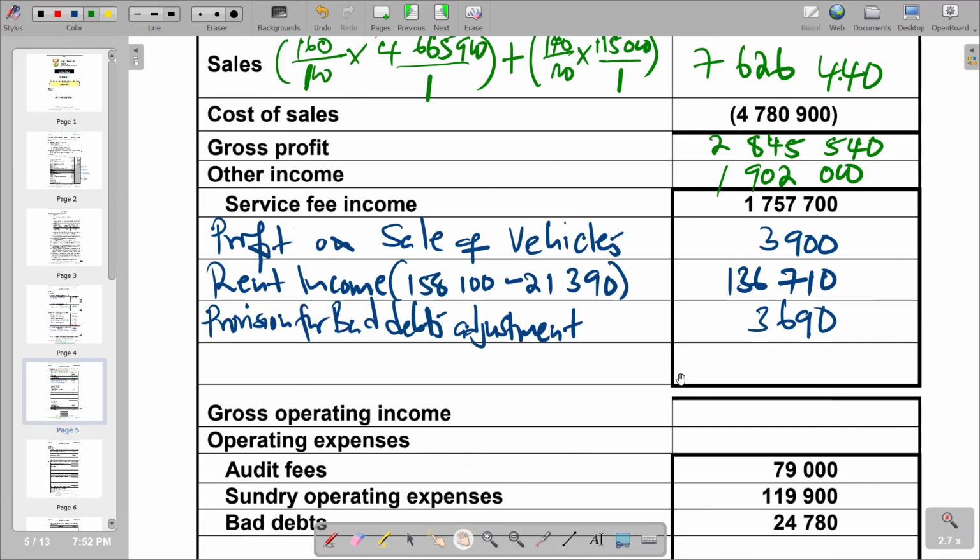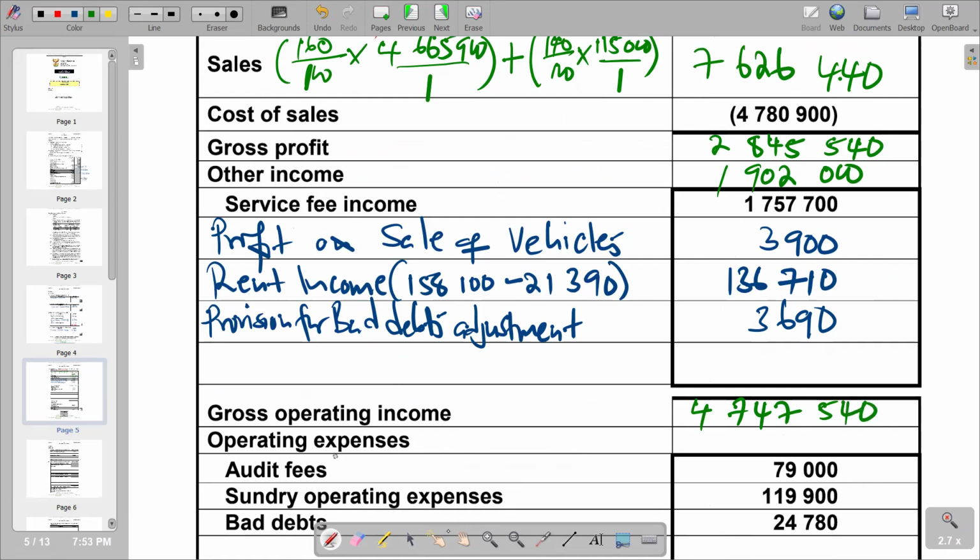Add these two, and you get your gross operating income, which in this case will be 4,747,540. So that's what we have for that part.